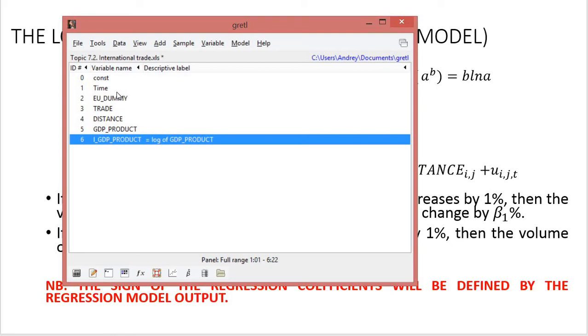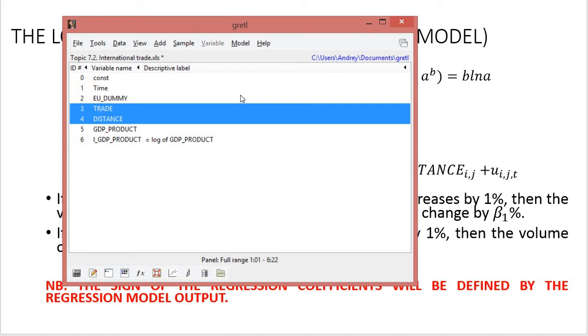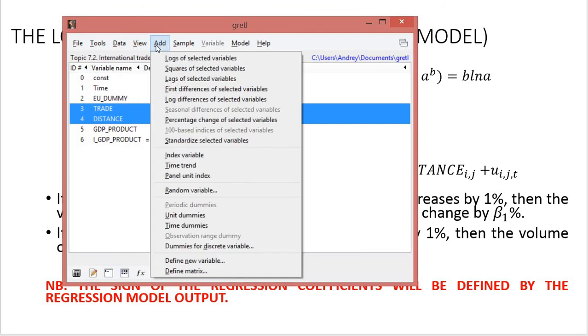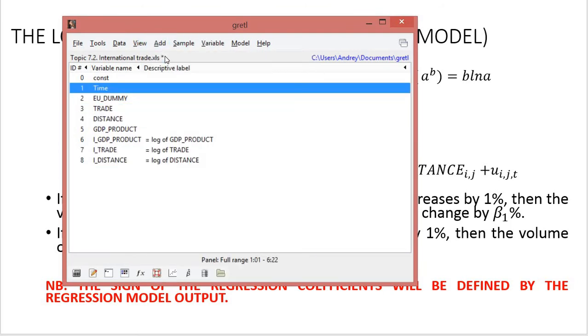We are not interested in the European Union dummy. We will use this variable in the next topic. What we are interested in are trade distance and GDP product. We've already taken the natural log of GDP, so now we will take logs of trade and distance.